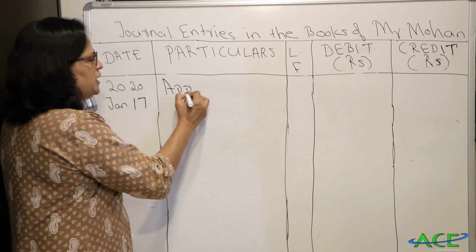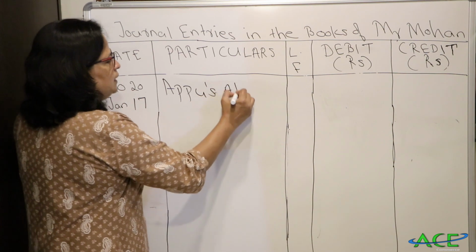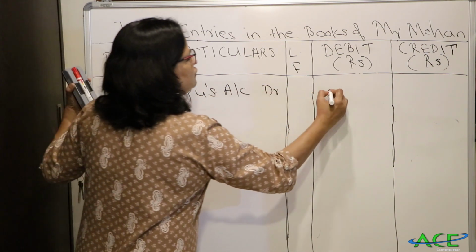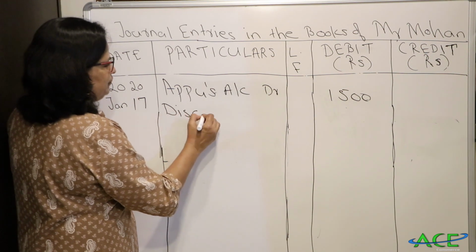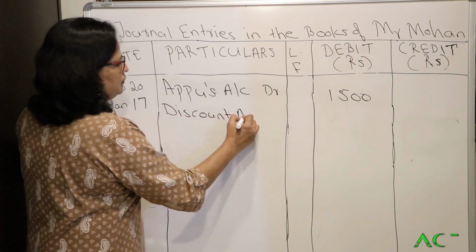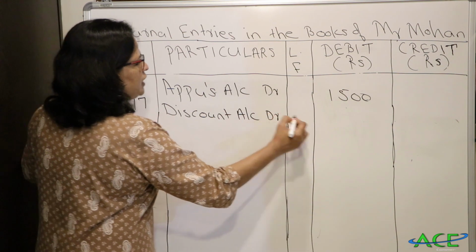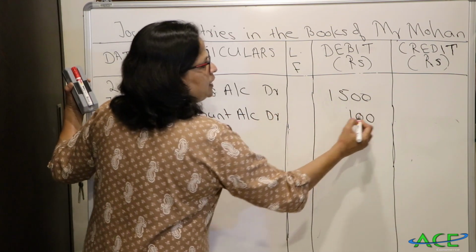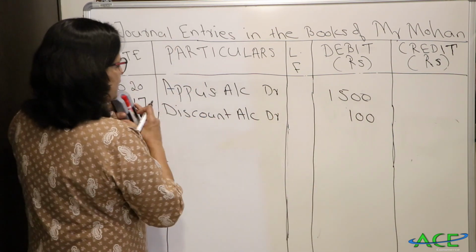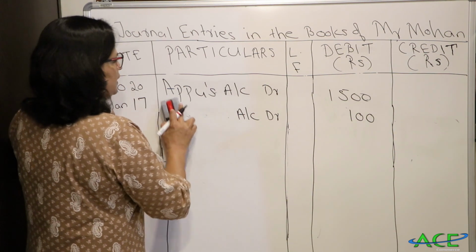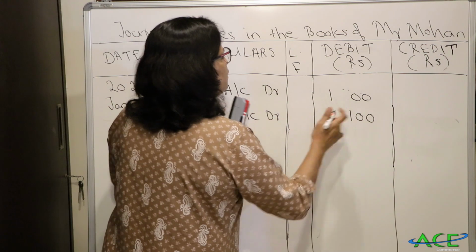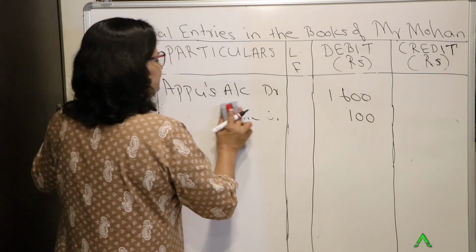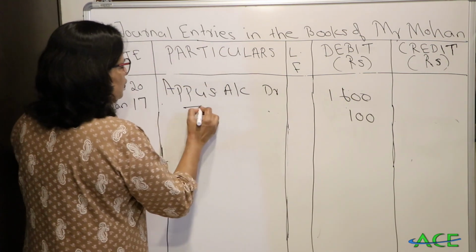So Appu's account debtor 1500, discount account debtor 100 to cash account, Appu's account debtor 1600, Appu's account debtor 1600 to cash account.